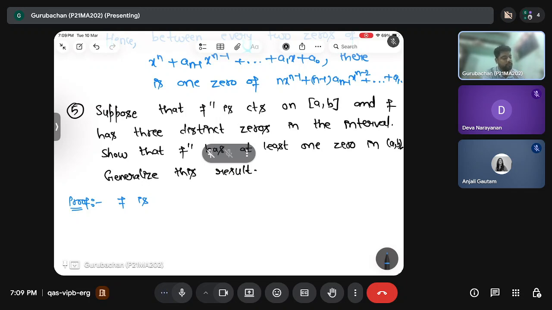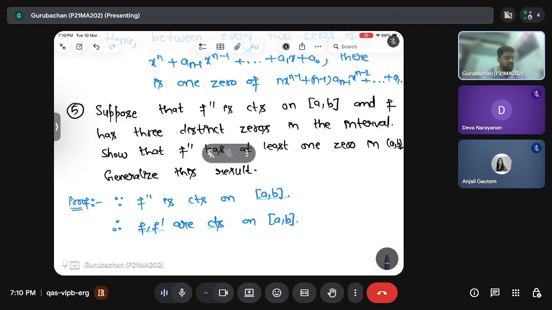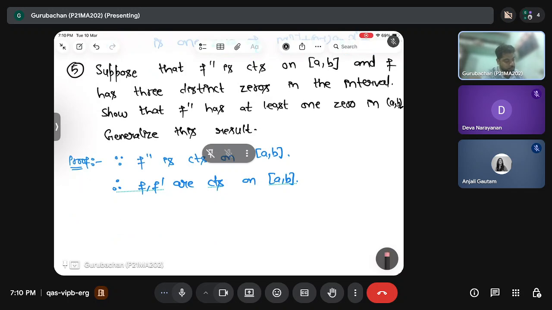Since f double dash is continuous on [a, b], therefore f and f dash are continuous on [a, b]. So it's obvious the derivative also exists, and we are given that f has three distinct zeros.